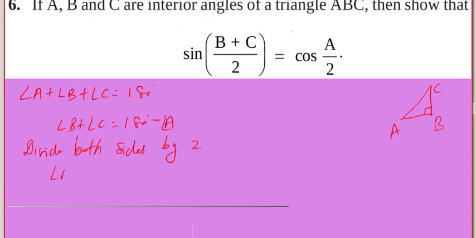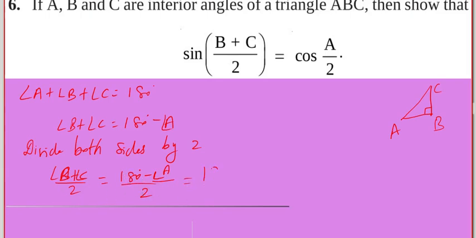That means angle (B plus C) by 2 equals (180 degrees minus angle A) divided by 2.